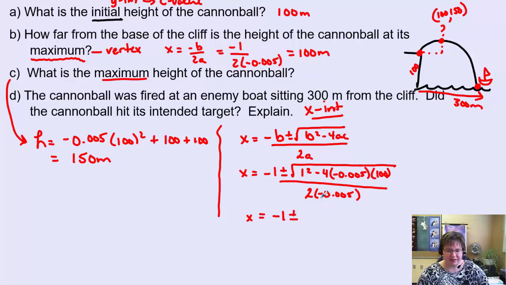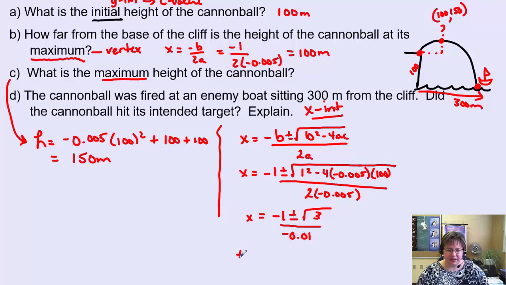If you work out what's inside that square root, this part here works out to be 2. So you've got 1 plus 2, because negative negative makes positive. So this ends up with the square root of 3 over negative 0.01. Then I divide it up into my two cases.